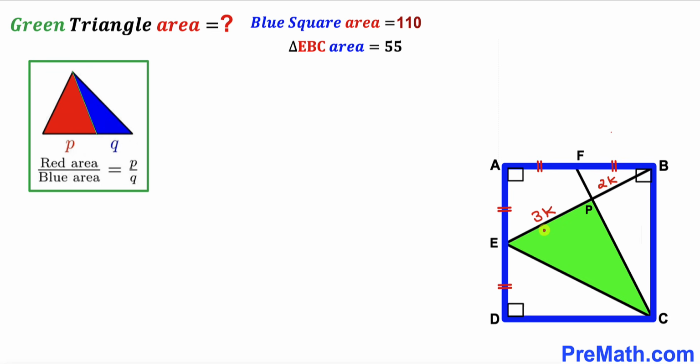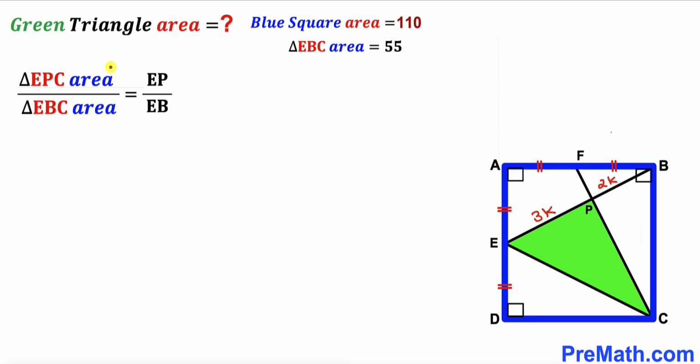Now we are going to focus on triangle EBC. The ratio of the green triangle EPC area divided by the triangle EBC area is equal to the ratio of bases EP and EB.